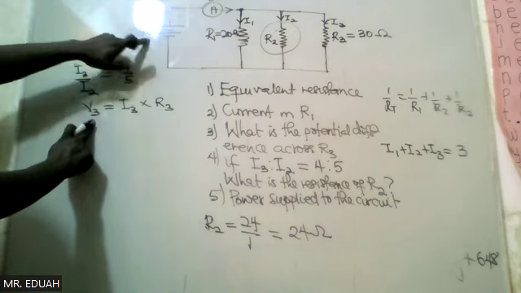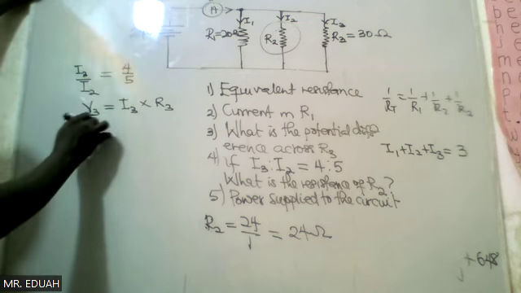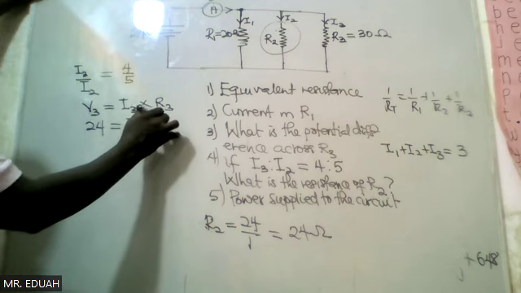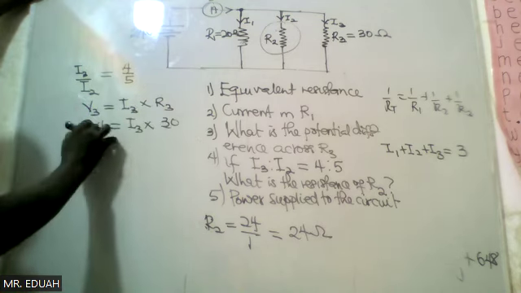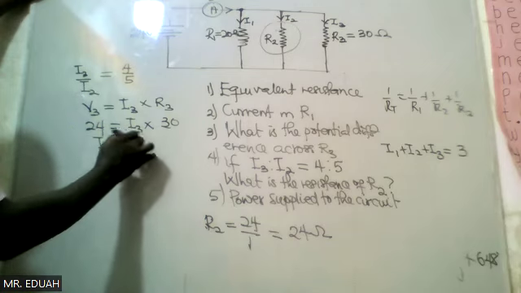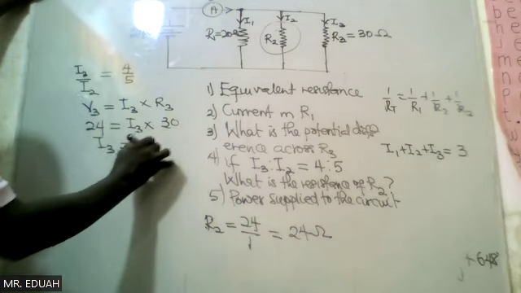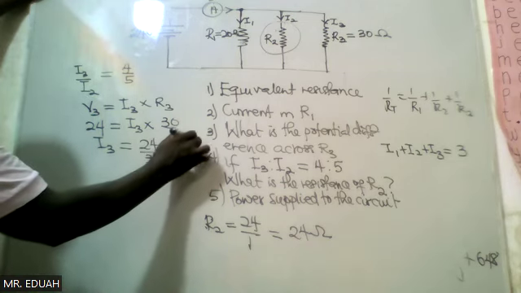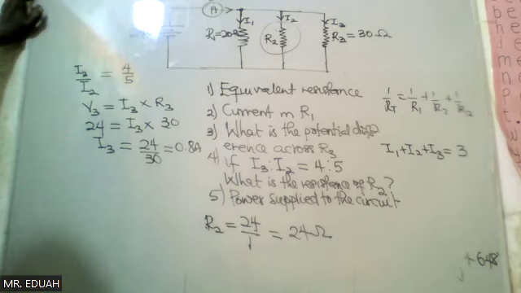V3 is equal to the source voltage. So 24 is equal to I3 times 30. Therefore, I3 is equal to 24/30. Rachel said this is 0.8, correct? Okay, so 0.8.